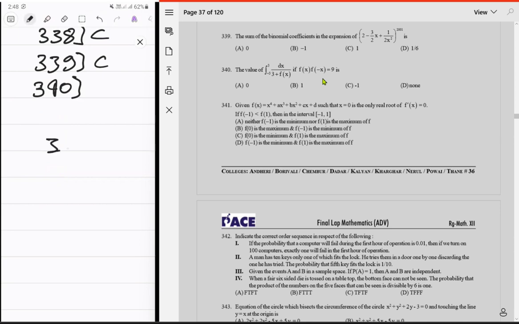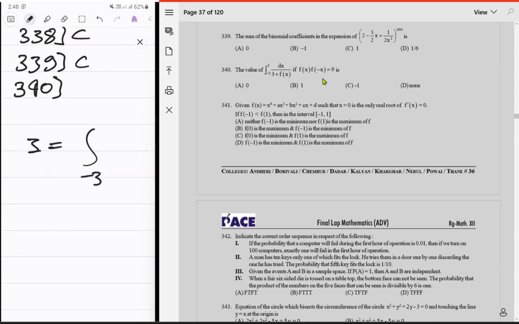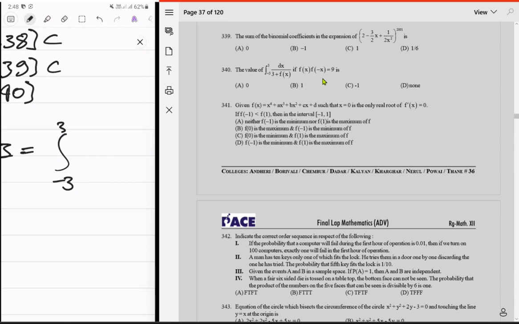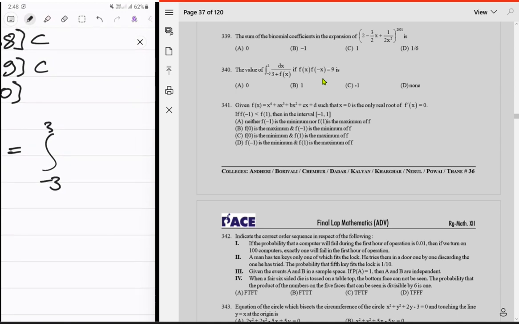So how will it look? I is also equal to the integration from negative 3 to 3 of, what did we have to do, f of negative x, which becomes 9 upon f of x. So just take 3 common, f of x plus 3, and the f in the denominator goes up. Yes, that's the thing. Okay, then dx.